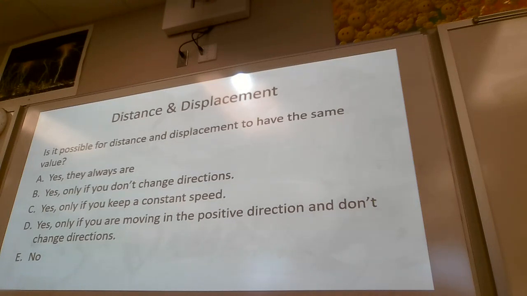If I don't tell you which way is the positive direction in a story problem, you can make the way they're moving the positive direction. And so long as they don't turn around in the scenario, distance and displacement are interchangeable.